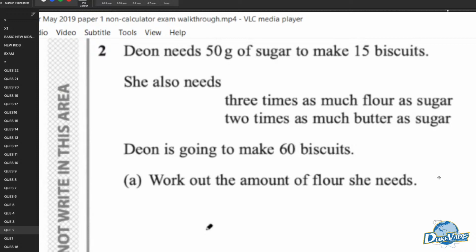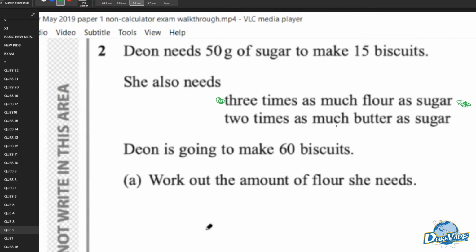She also needs 3 times as much flour as sugar, and 2 times as much butter as sugar.